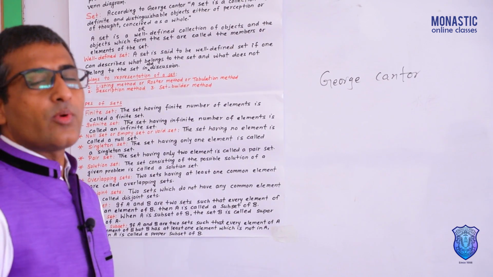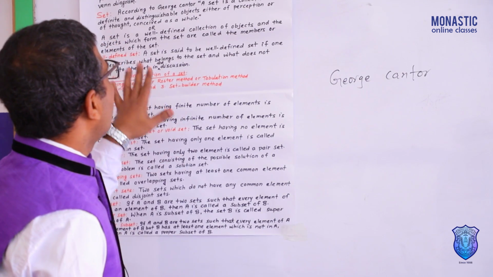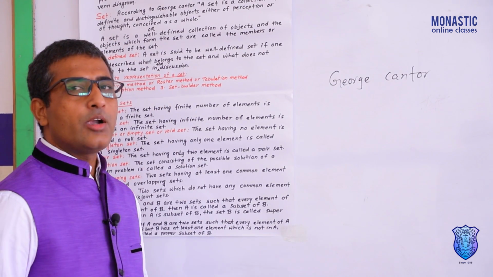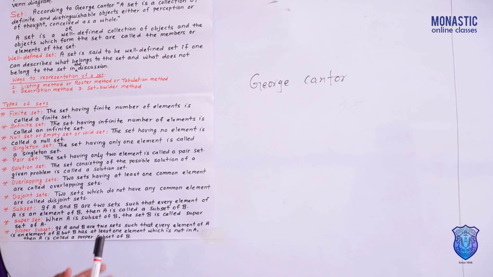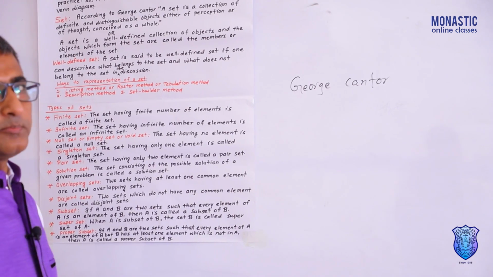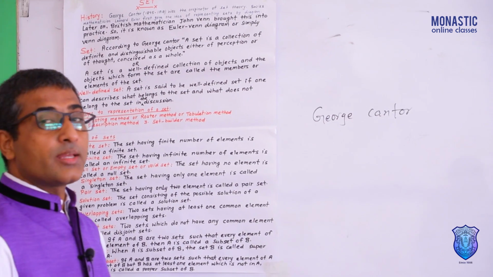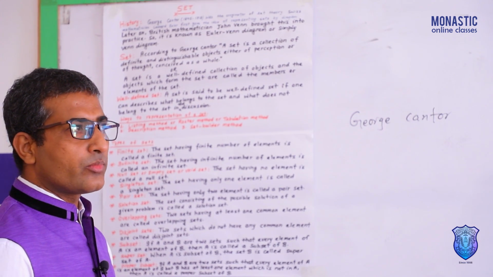But all the work was not done by him. It was Leonhard Euler who first gave the idea of representing sets by diagram. But he hadn't completed the whole work of this.